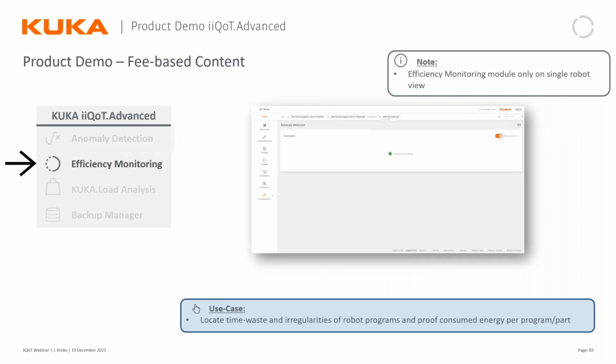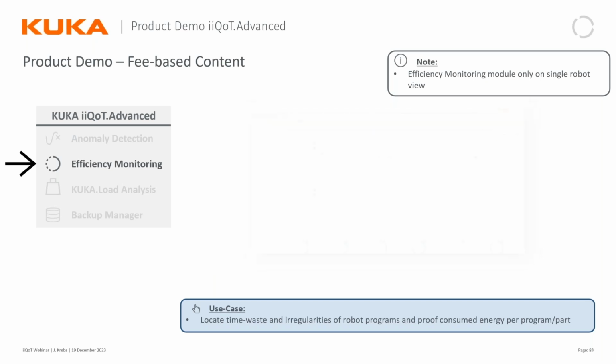The second module for the fee-based content would be efficiency monitoring. If we look at our iiQoT right now, I found a module called efficiency monitoring. The reason is we don't have it on an asset group view.